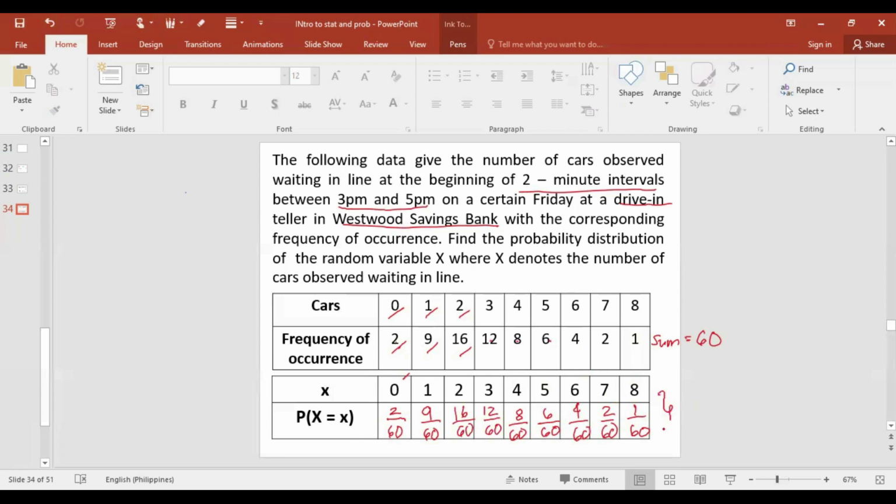Does this table satisfy the 2 properties of discrete probability distribution? Yes, because the probability of each event is between 0 and 1 only. And at the same time, the sum of these probabilities is 60 over 60 or 1.